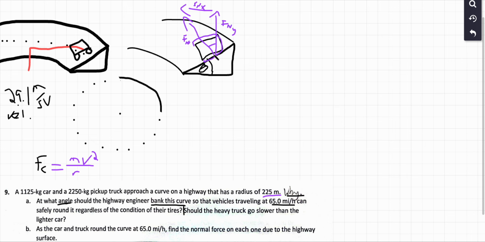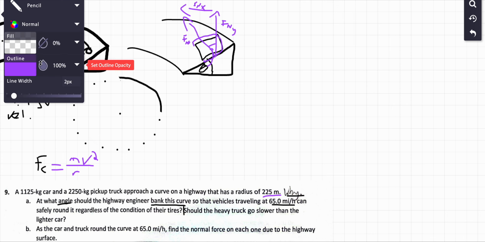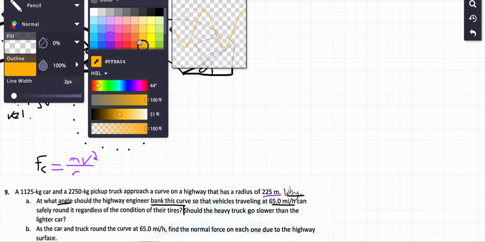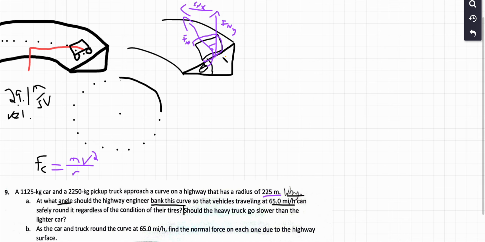If you want a trig proof, then also theta. And we also know that this has some mass, so this will go down as your force of gravity.